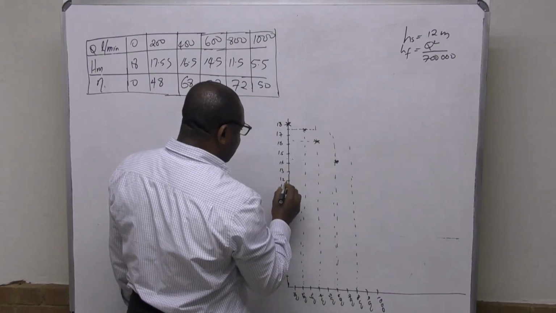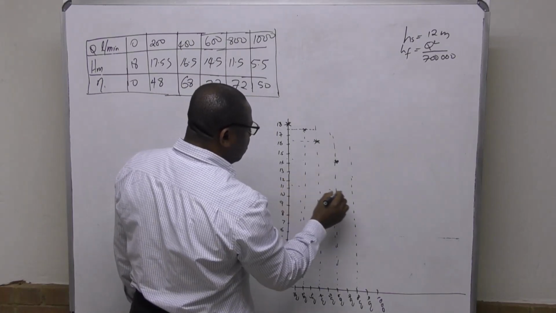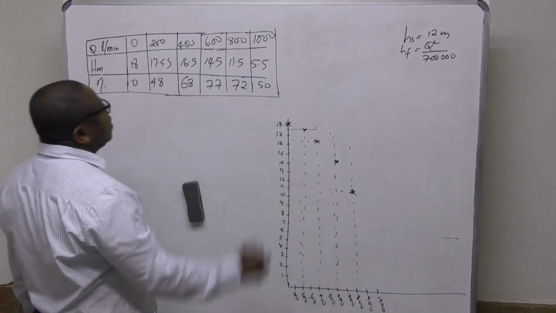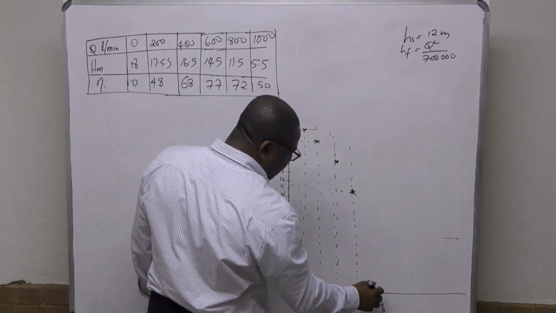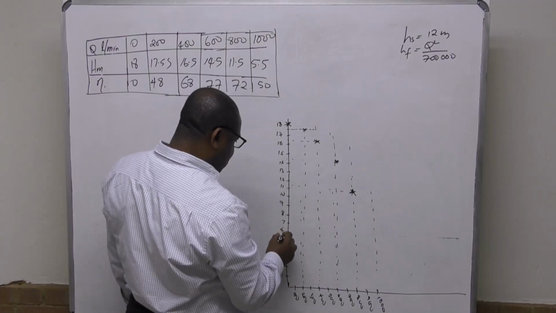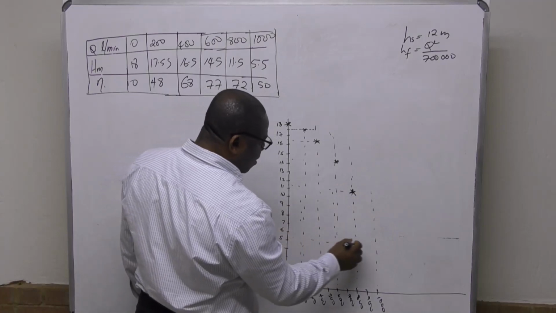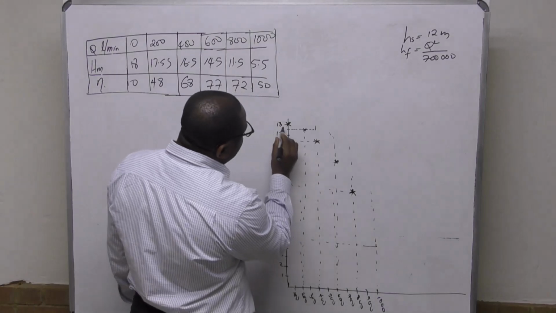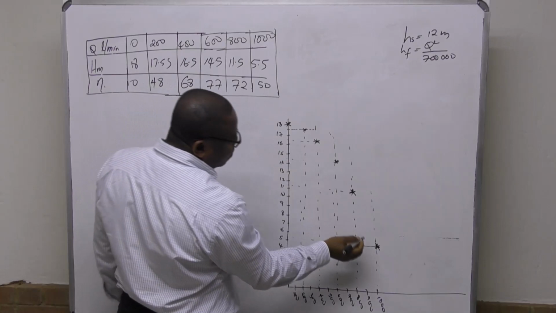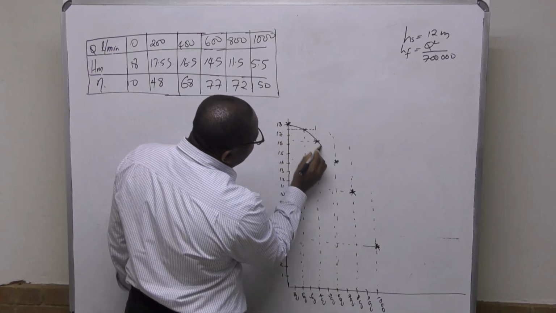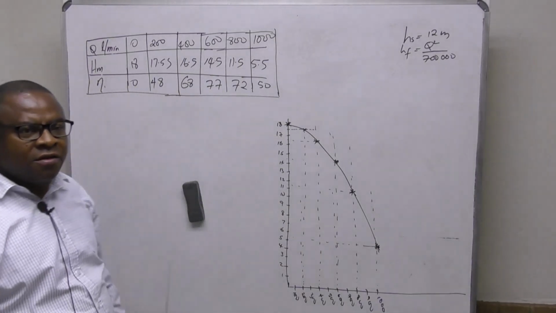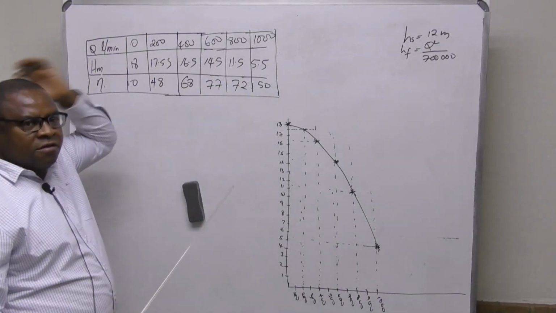Then 1,000 flow, 5.5. Okay, so for now, this is the characteristic curve of the pump.